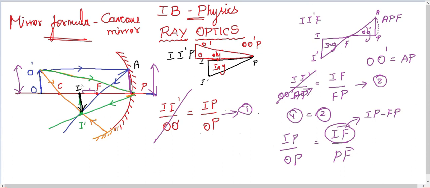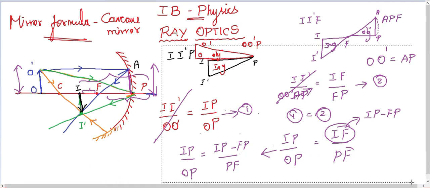Look here, total IP minus FP, I'll get the distance between the image and the principal focus. Okay, so here it can be replaced. So the same equation can be rewritten as IP divided by OP is equal to IP minus FP divided by PF. Okay, so let me clear this.